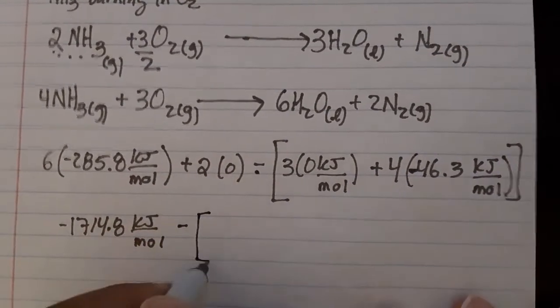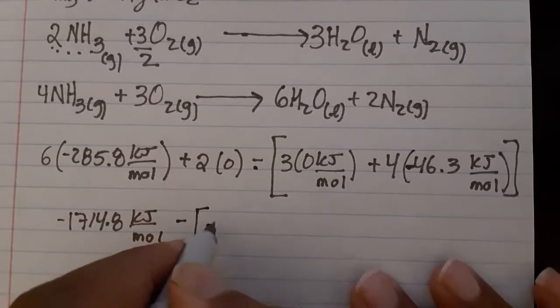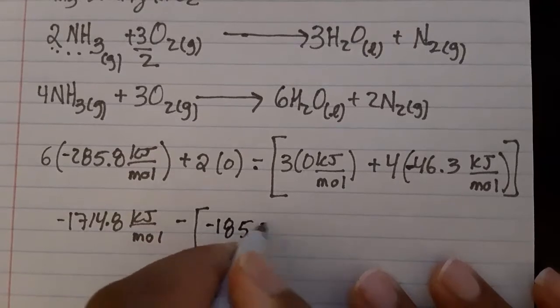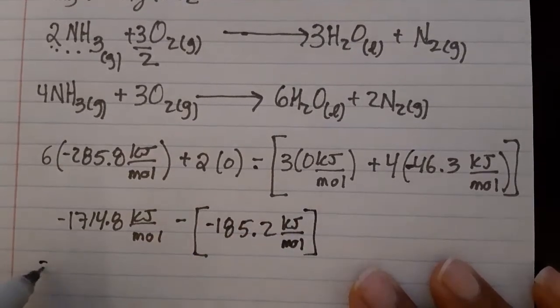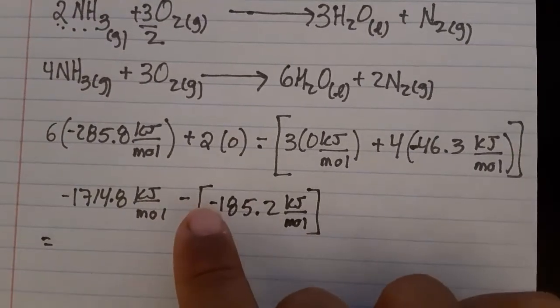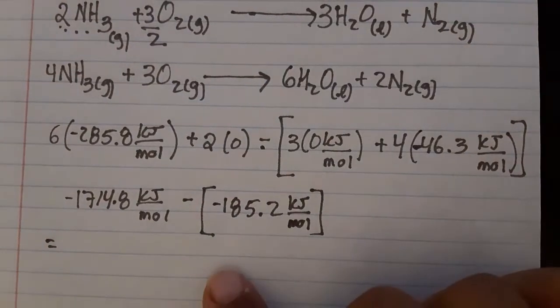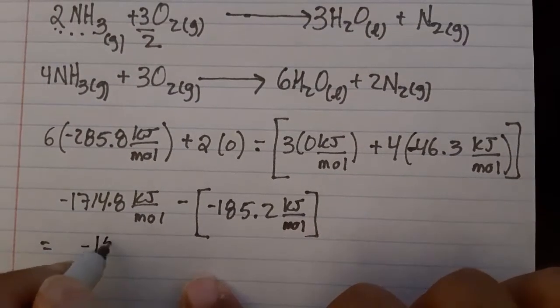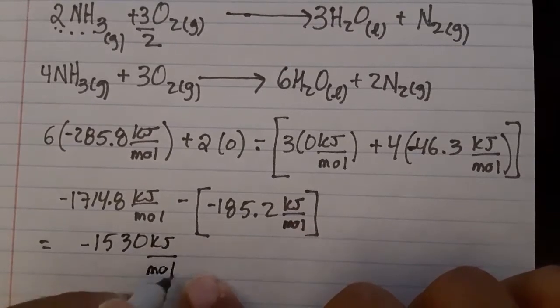This can definitely trip people up. 4 times a negative 46.3 is minus 185.2 kilojoules per mole. And I'm left with minus 1714.8 minus a minus 185.2. Minus a minus becomes plus. So getting an answer of minus 1530 or so, rounding, kilojoules per mole.